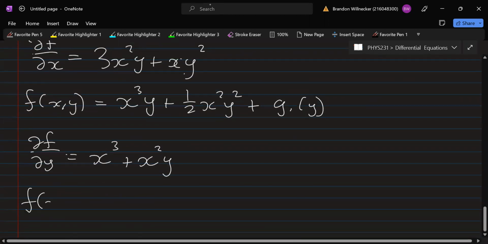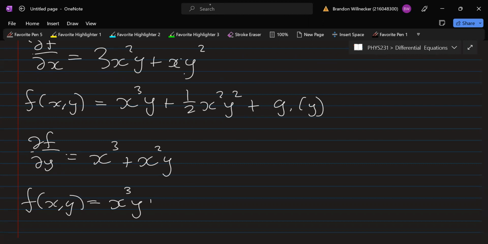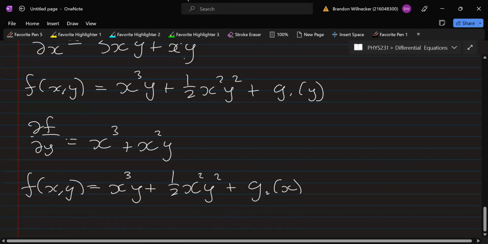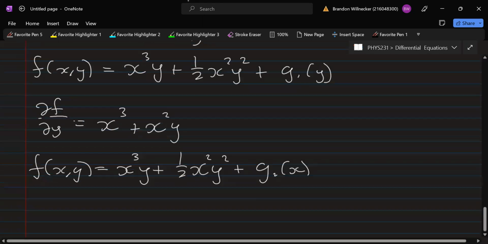Then that means f(x,y) is going to be x³y + 1/2 x²y² plus some function of x. Here we don't know what that is. So now comparing the two, we see that they have the same terms, so g1 and g2 must just be some constant.